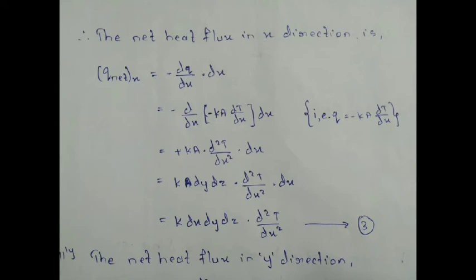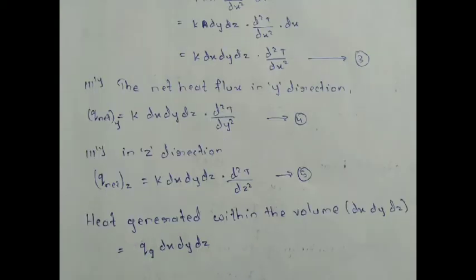Here A is the area, defined as length into breadth. Therefore K into dy into dz, as you can see in the diagram, dy is the height and dz is the breadth. So the final solution for the heat flow in the x direction is K into dx into dy into dz into d square T divided by dx square.